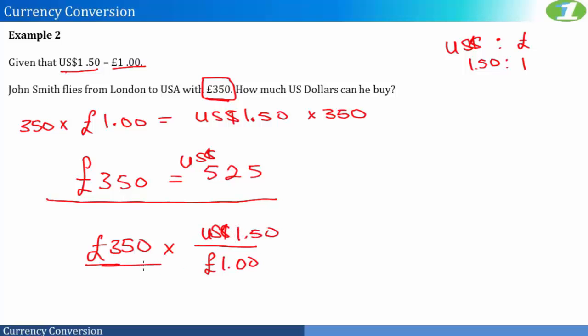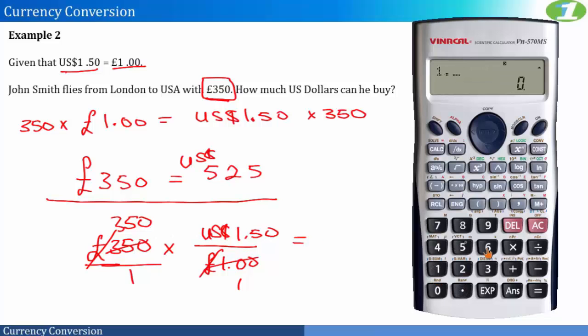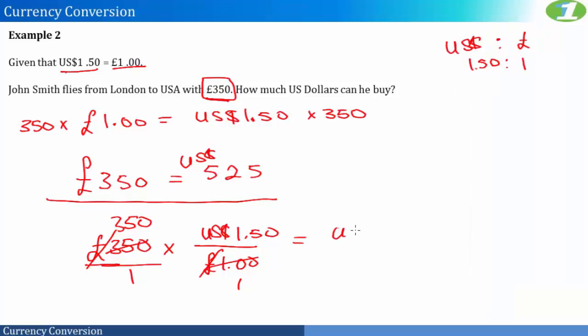Really what we're trying to do is get rid of our pound sign and be left with US dollars. So 1 into anything goes the same, so this is 350, and this becomes $1.50 times 350, which gives us the same thing as above, and so we end up with US $525. So this is our solution.